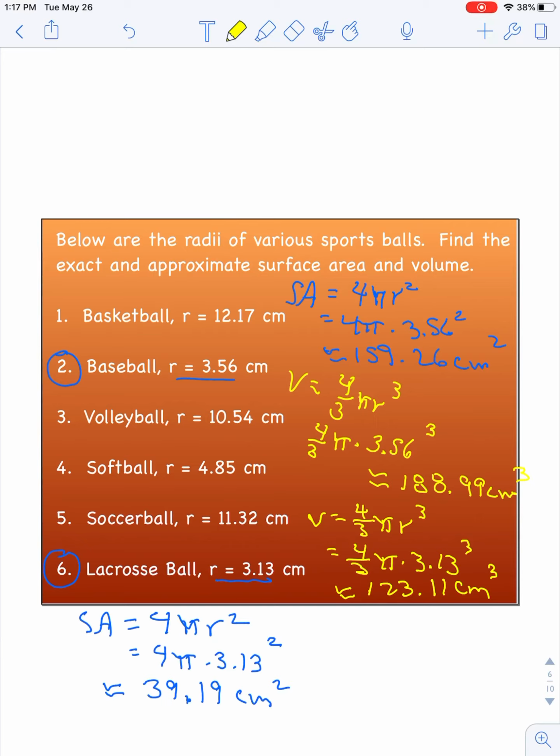I think I have these values incorrect here. I was trying to save myself some work and I recopied some things wrong. So let's go back, because I recorded information incorrectly, as you probably figured out when calculating on your calculator. So this is approximately 128.45 centimeters cubed.